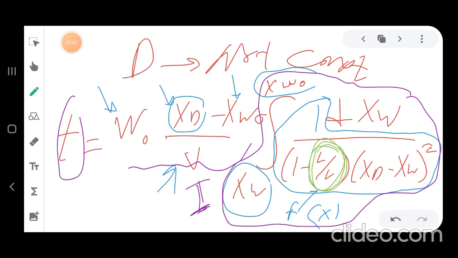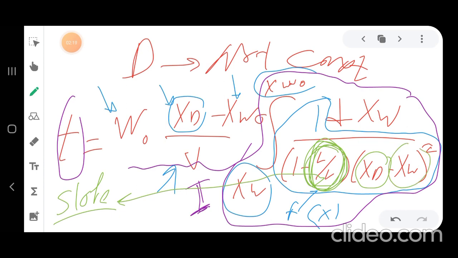It is the slope, so you can calculate it from the slope of the line. And xd is constant, which is the composition in the distillate of the more volatile component, and xw is a variable because you are integrating with respect to dxw. The question here is how to determine this slope and xw, so that you can integrate it.